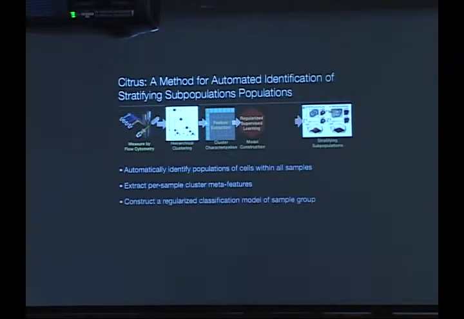And then we plug these features into a regularized supervised learning algorithm. That's a mouthful, but all you really need to know is that given a bunch of cluster properties that might be interesting, and an external question of interest, say finding the difference between healthy patients and diseased patients, the regularized algorithm will dig through all of the data that you feed it and give you back the things that are informative with respect to your endpoint of interest.